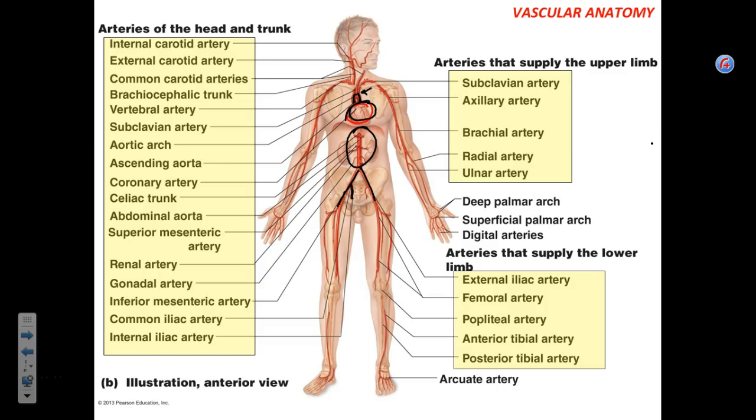You can ask, wait a minute, where does the common iliac artery, which is shown like here, stop and the external start? Well, the external starts when external and internal branch out. So at this point, external and internal iliac arteries branch. Does that make sense?